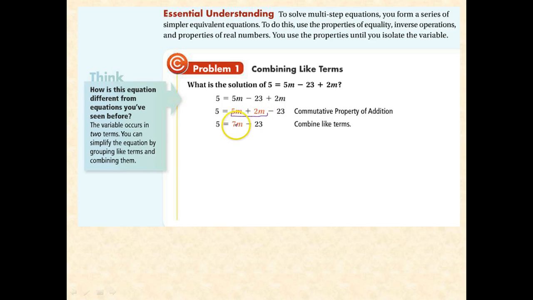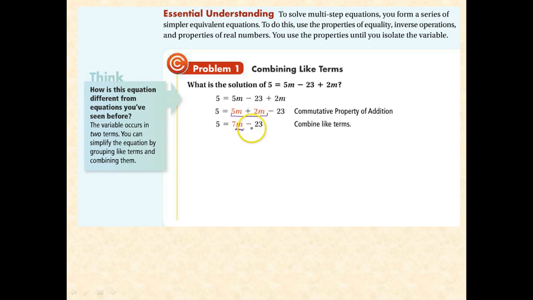Now golly, what are we going to do next? Remember, we're always focused on our letter. We're always staring at that variable going, what are they doing to my variable? And how can I undo that? Well, they got minus 23 and times 7. So reverse order of operations says we try to undo the addition and subtraction first.